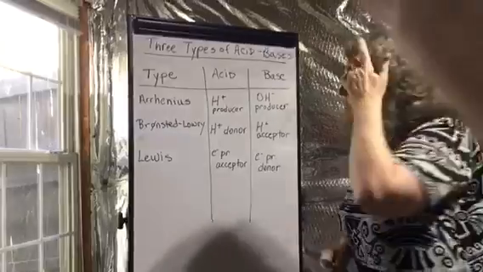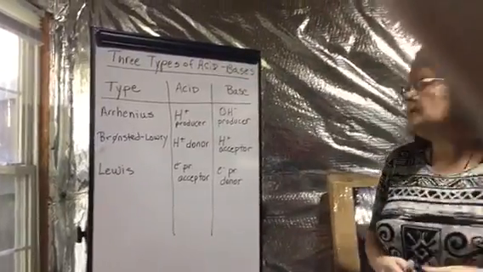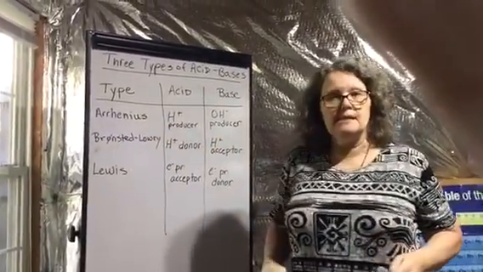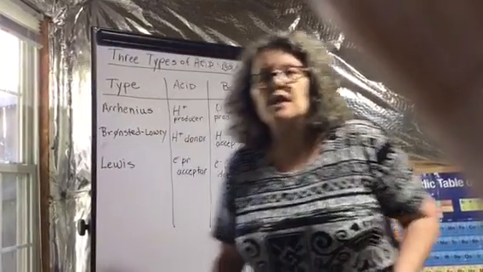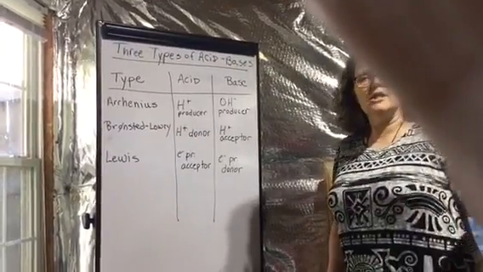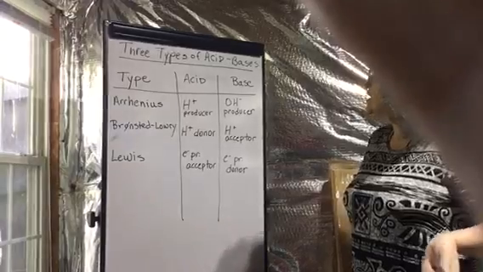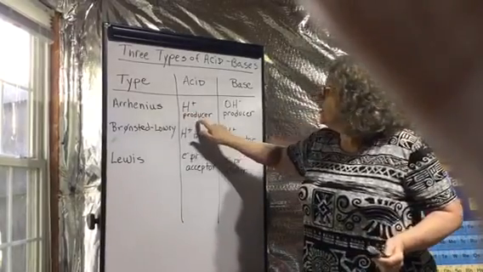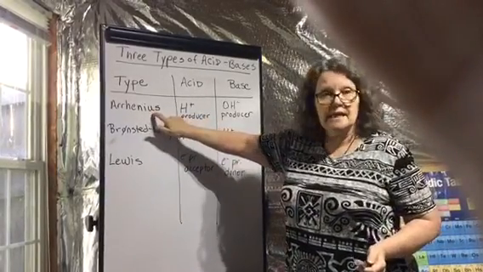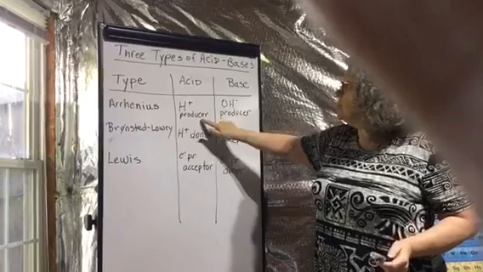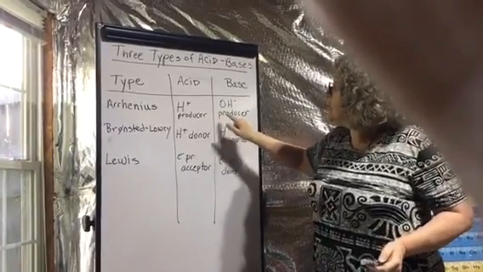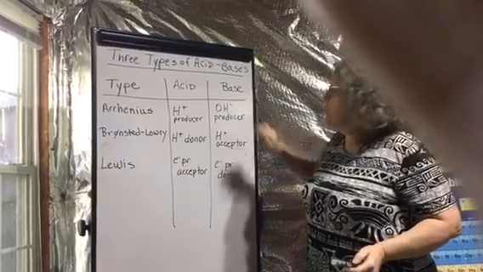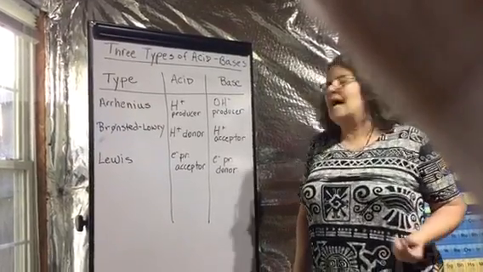The type of acid base you're most familiar with is Arrhenius acids and bases. This is hydrochloric acid, nitric acid, sulfuric acid: HCl, HNO3, H2SO4. According to Arrhenius, an acid produces hydrogen ions, H plus ions, and a base produces hydroxide, OH minus ions.